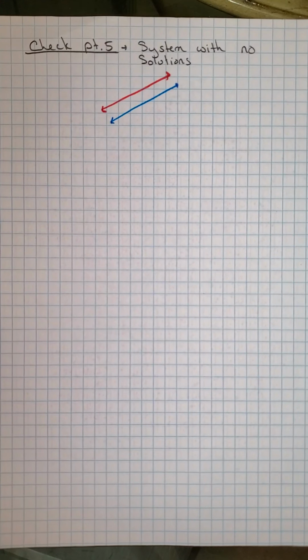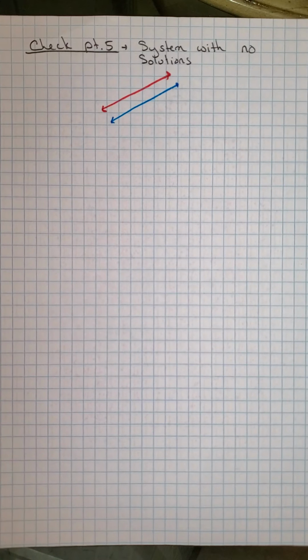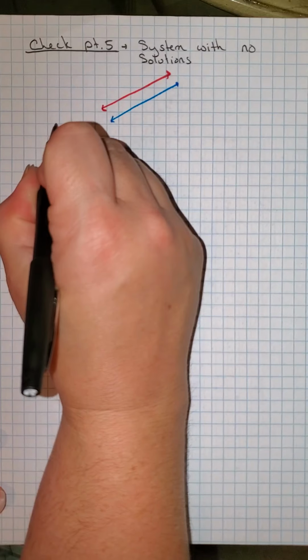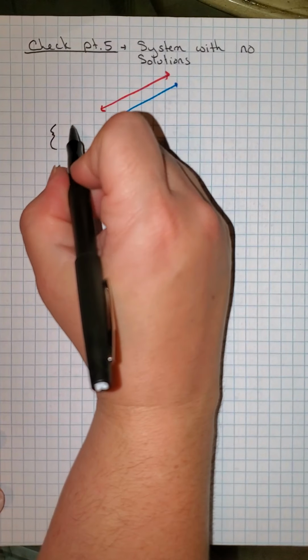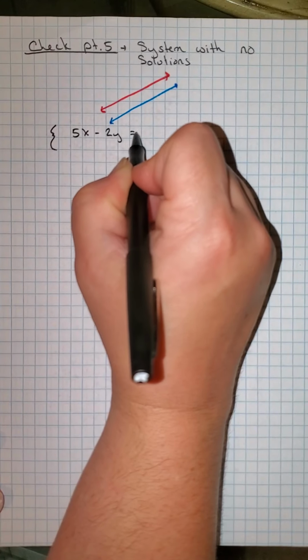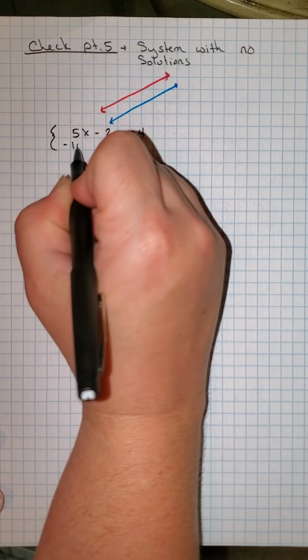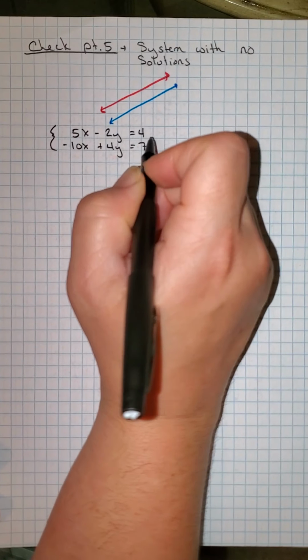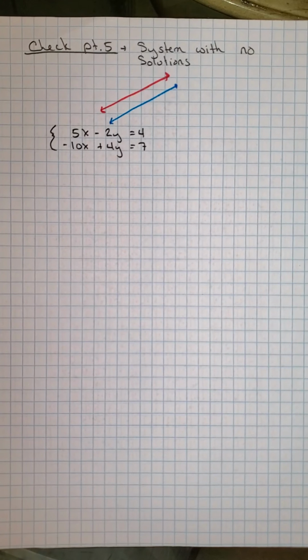When you start out with these problems, though, you don't always know that they're parallel. You might, depending on how they're presented to you. But for this checkpoint, we're given 5x minus 2y equals 4 and negative 10x plus 4y equals 7. And we're just told to solve it.